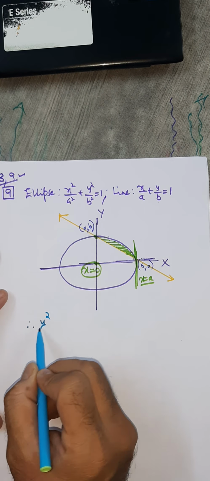Okay, so here area, that is A, equals modulus of I, where I is the integral from where to where? Area starts from here, it ends here, 0 to a. And it is between two functions. So you know this is a very well known standard formula, f(x) minus g(x).